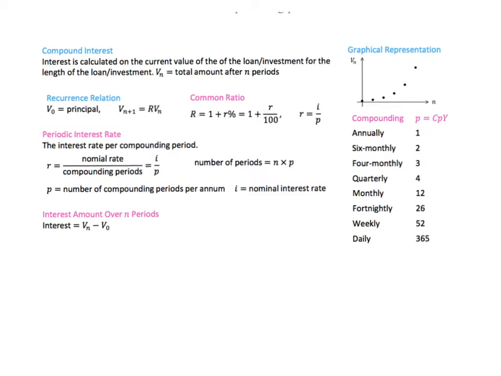Okay, so if you have a look, as I said, compound interest, it'll have a curved line. So you might just write that there. It's a curved line. And if you look at the little bits that are going up, the amount that it increases by is always getting bigger, isn't it?